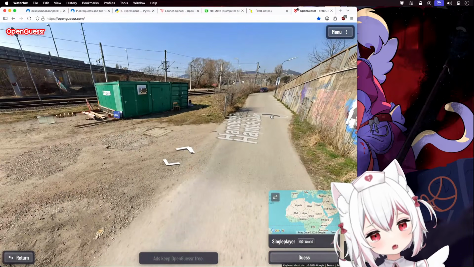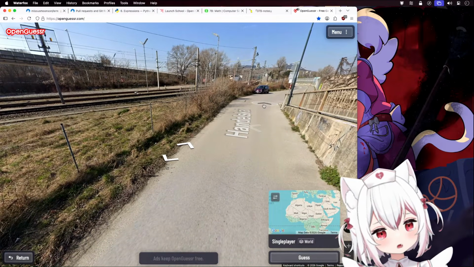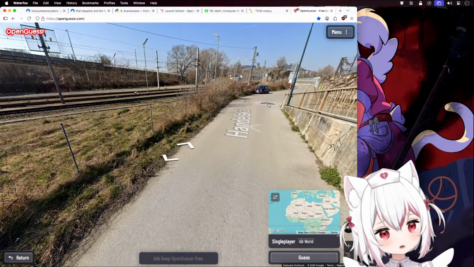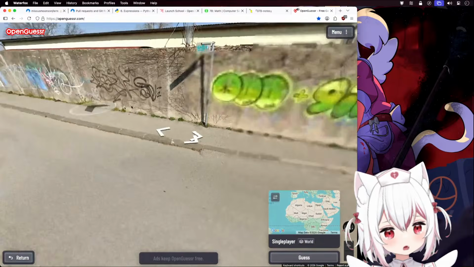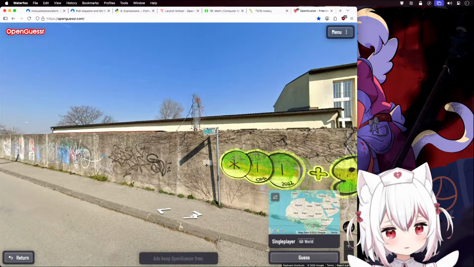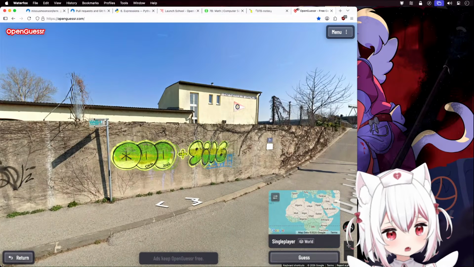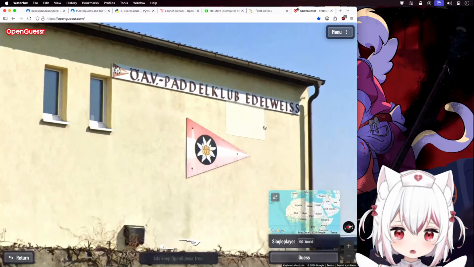Handesta. Handas sky. Why is there so much graffiti? I was gonna call this like Sweden, but there's so much graffiti. Oh, what the heck is this language? Oh, paddle club, edel.